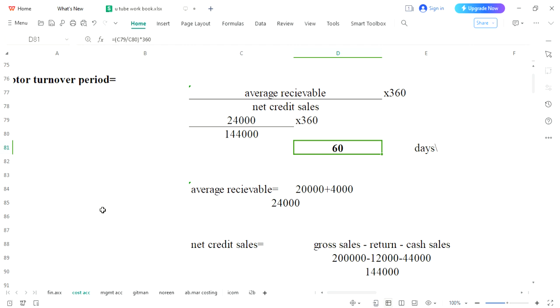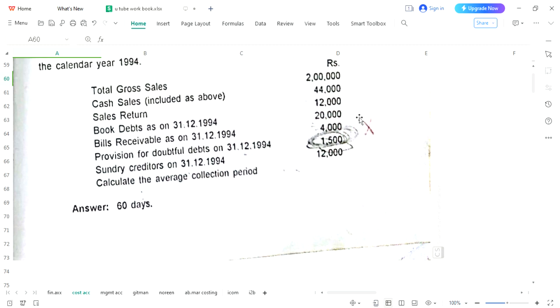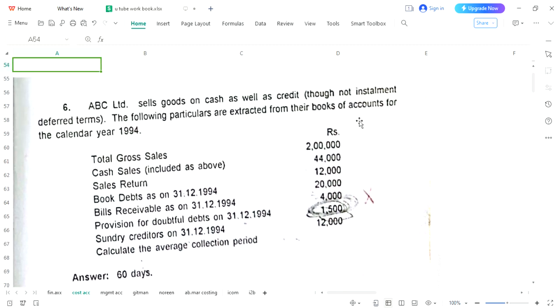So we have got our answer of debtor turnover period, which is average receivable divided by net credit sales. Average receivable calculated here, net credit sales calculated here, divided, and then we have multiplied it with 360. So guys, in this way our question has been completed. The requirement of this question was just one formula, average collection period, and it has been completed.